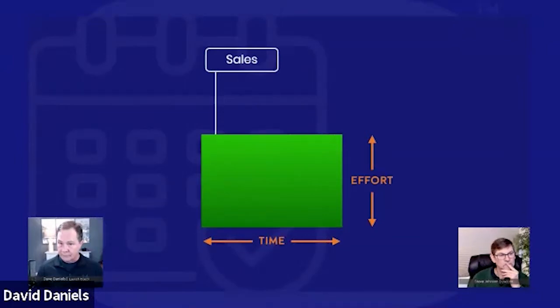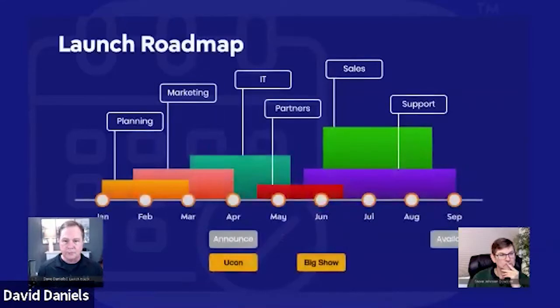Is it the number of resources? Is it the amount of money? In other words, it's a relative reference between the two. So looking at this again, at a glance, I can see that it's going to take less effort to get our partners up and running than to get the sales team ready to go. It looks like our planning process should be fairly light, and then you can see the relative level of effort.